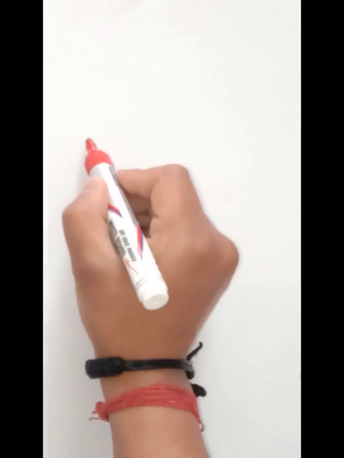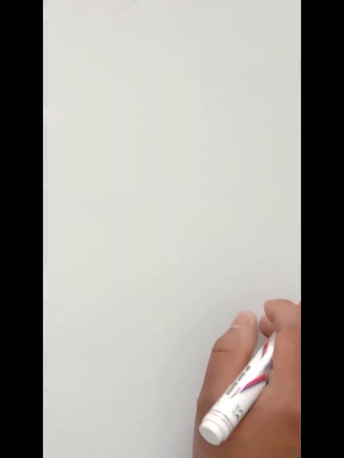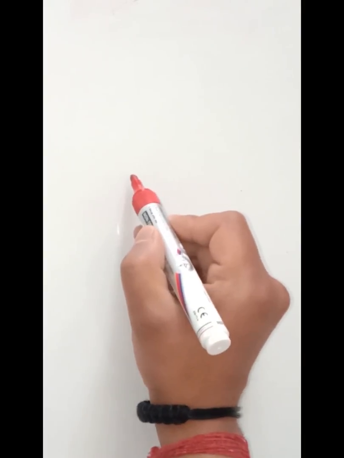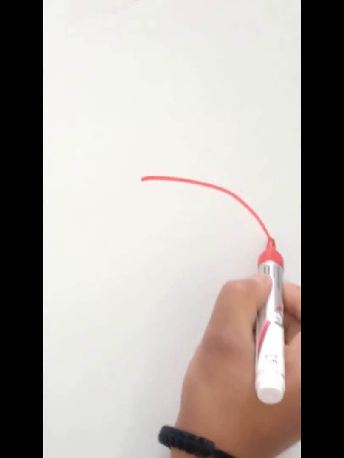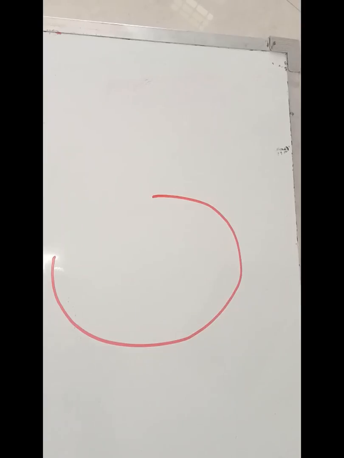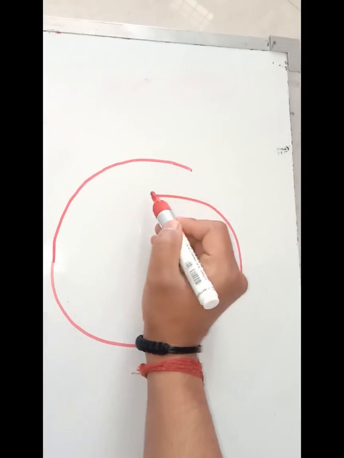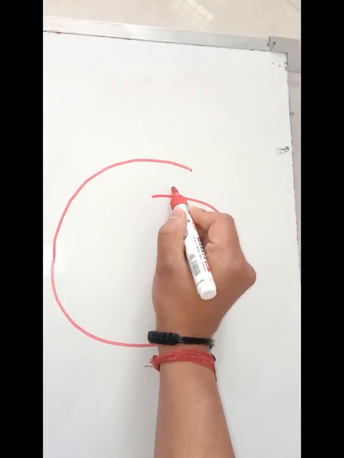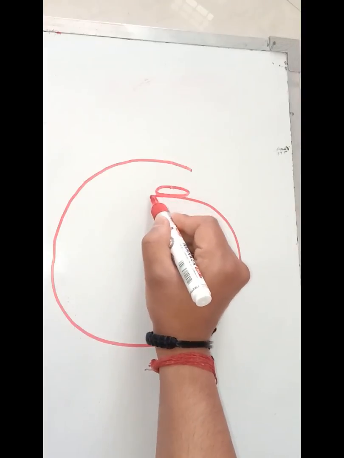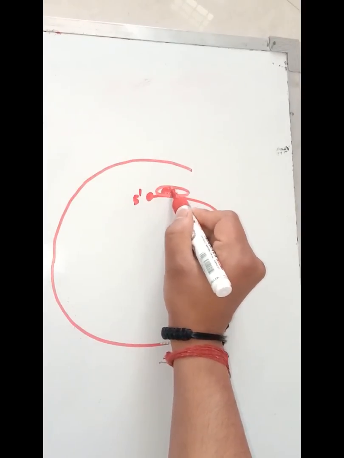Another function of EIF4F is that it circularizes the mRNA. Suppose this is mRNA. Here is the 5' cap. This is EIF4F.